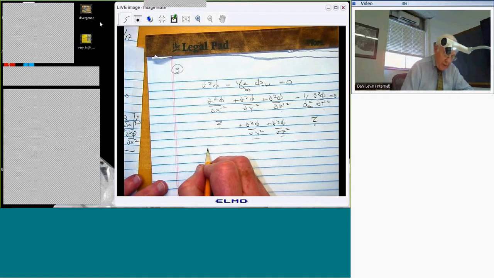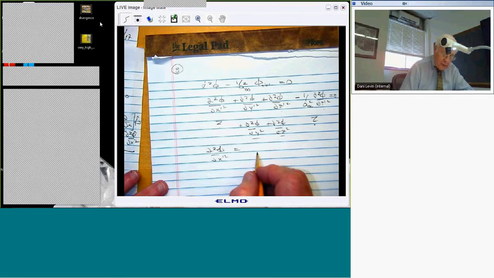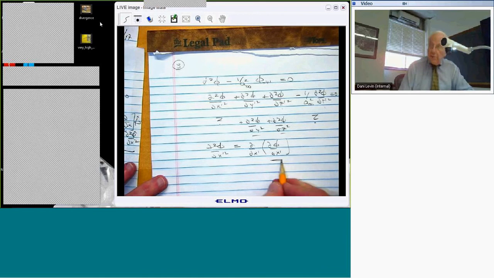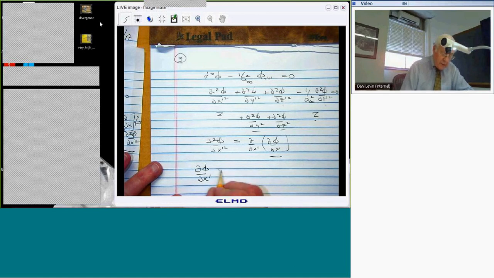If I have the partial of phi with respect to x prime squared, it's the partial with respect to x prime of the partial of phi with respect to x prime. You'll agree with that, I hope. So let me do this part first, and then I'll do it again after that. So partial phi with respect to x prime is equal to what?